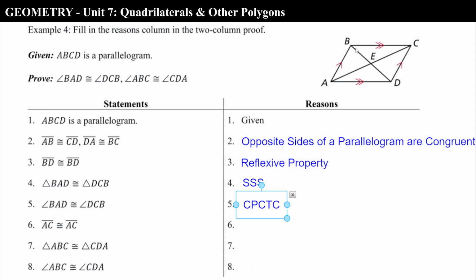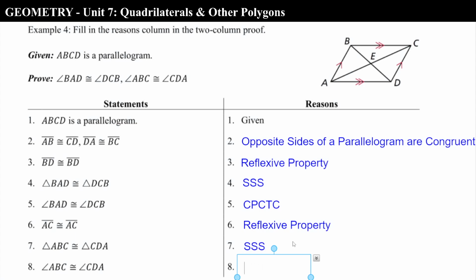Now let's do the same process, but with the top left and bottom right triangles. So AC is congruent to AC. Again, that is a reflexive property. And if we use 2 and 6 together, again, we have shown two triangles to be congruent by side, side, side.